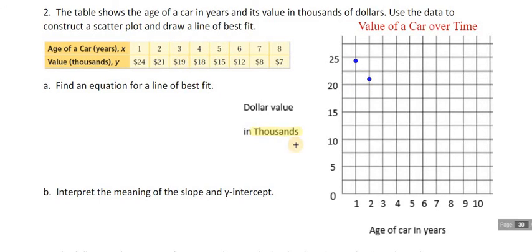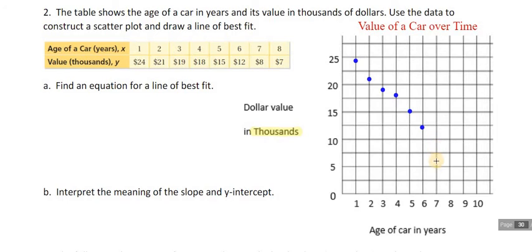Next we've got 3, 19, so x is 3. Here we've got 20, this would be 17.5, so we're going to be a little bit more than half there. 4, 18 is our next ordered pair, so we're going to be just above the 17.5 line. 5, 15, that's a nice one. 6, 12, here's 10, this would be 12.5, so just below the 12.5. 7, 8, so x is 7.